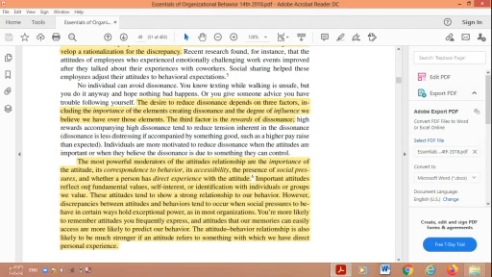Important attitudes reflect our fundamental values, self-interest, or identification with individuals or a group of values. These attitudes tend to show a strong relationship to our behavior, because they are fundamental values or beliefs, so it is very difficult for them to be changed.